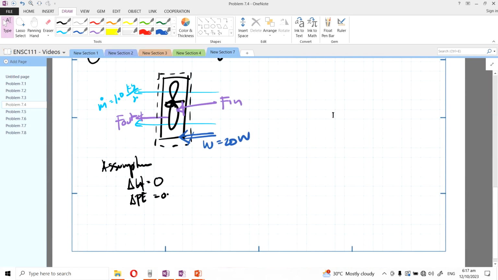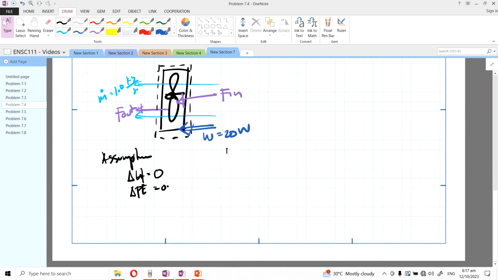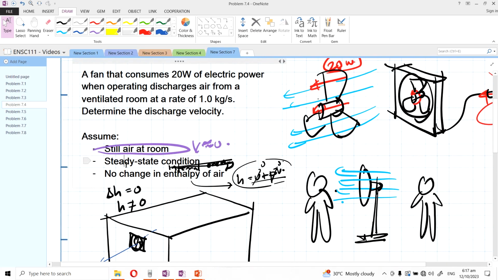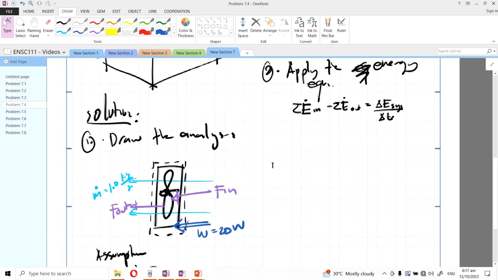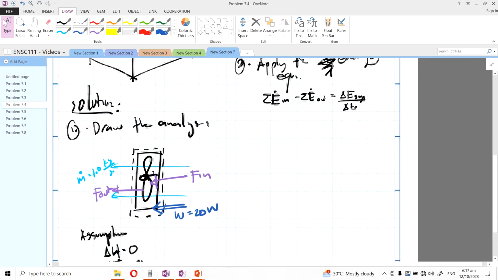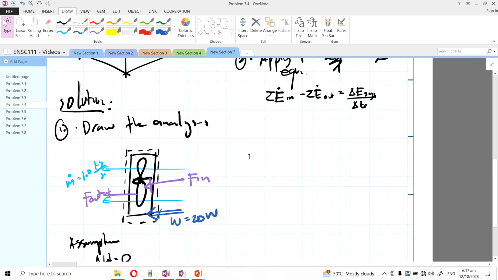In most problems that we'll encounter, we can assume steady state conditions, which means that the properties of the system do not change with time. So this is 0. That means that the energy in is equal to the energy out.